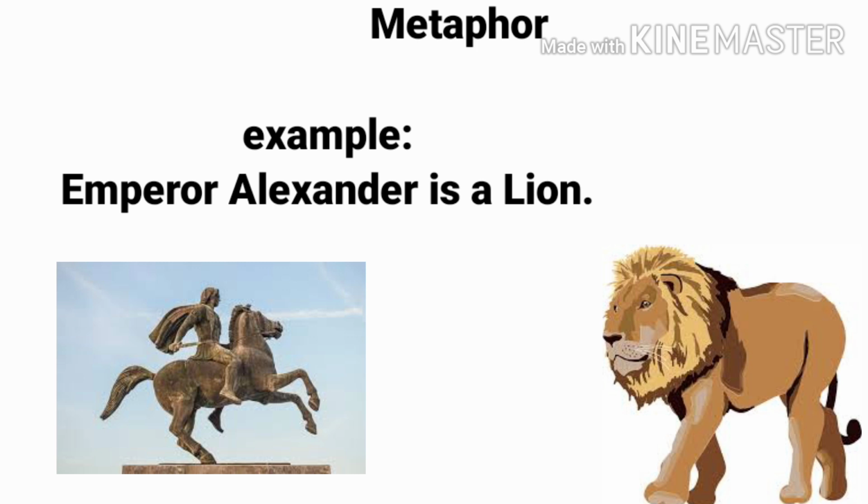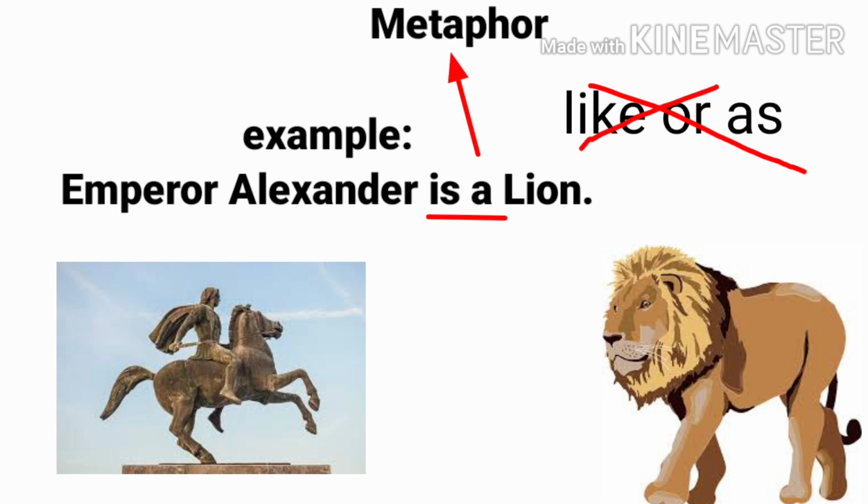Here, Emperor Alexander is compared to a lion, stating that both Emperor Alexander and the lion are one, not like or as. And when we say Alexander is like a lion, it is a simile. But when we say Alexander is a lion, it is a metaphor. Metaphor doesn't use like or as.